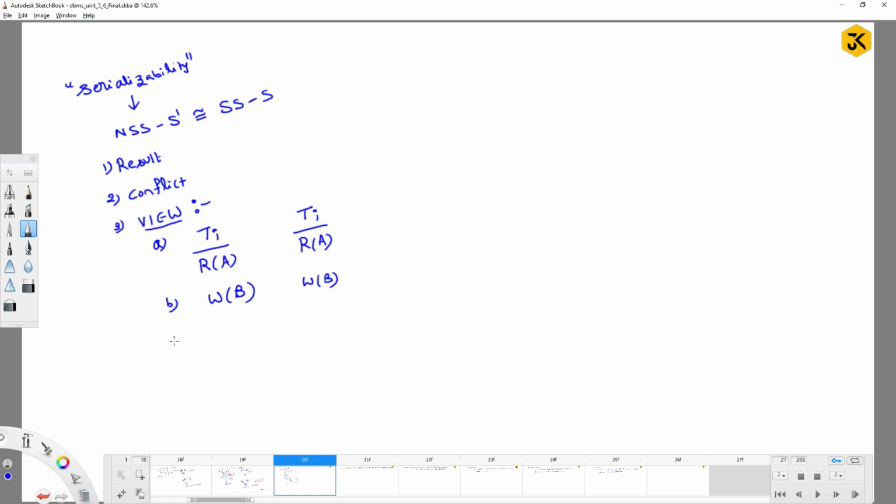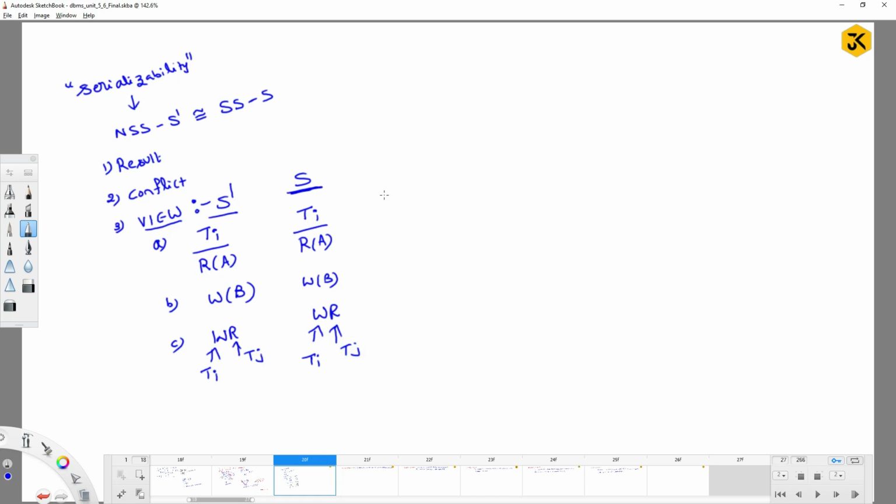In addition, if there exists any write-read conflict, for example Tj reading data which was produced by Ti, the same thing has to happen in the serial schedule also. If S' is the non-serial schedule and this is the serial schedule S, the same thing has to happen here also. If it satisfies all three properties, I can call it view serializability.